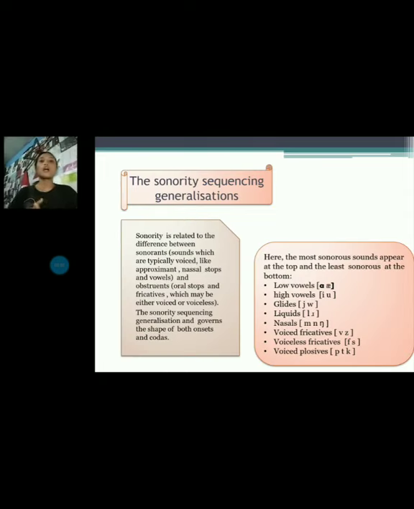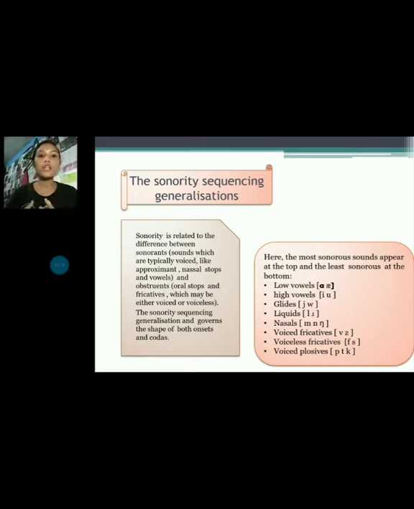The next, the sonority sequencing generalization. Sonority is related to the difference between sonorants and obstruents.